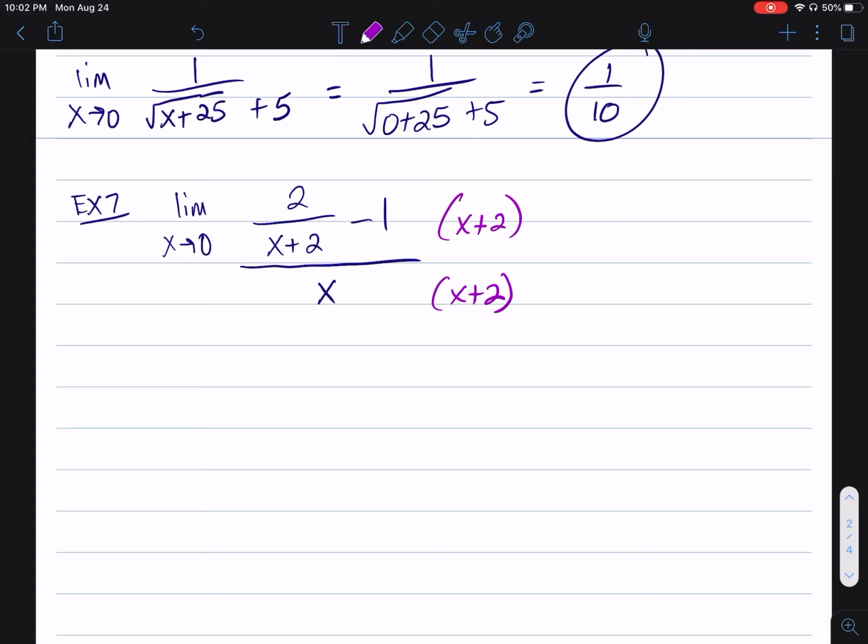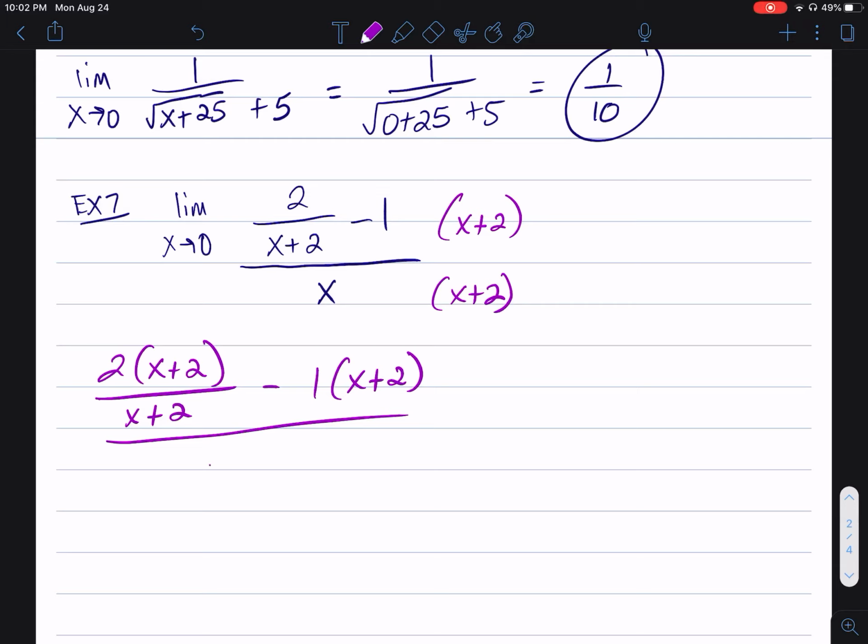And just to give you a visual of what happens here, you don't have to write this down all the time if you can do this in your head. If you need to write this down, you can. But if you can skip this work and simplify it as you multiply, that's totally fine.